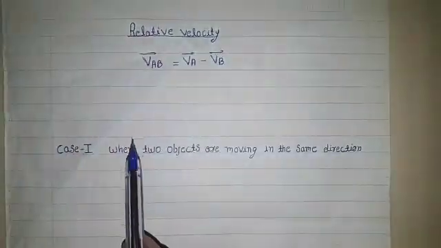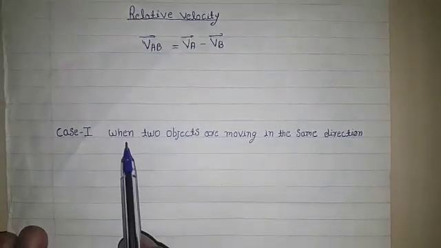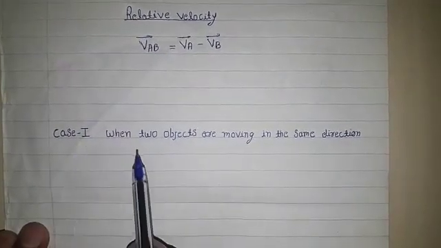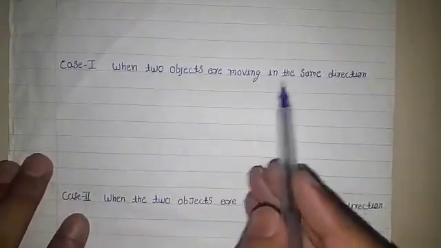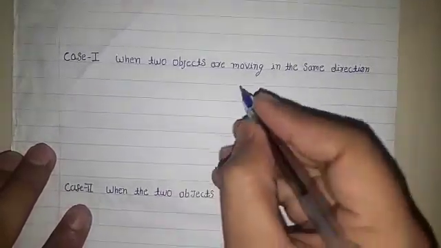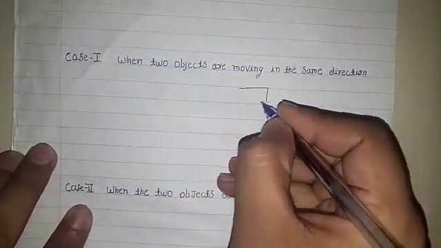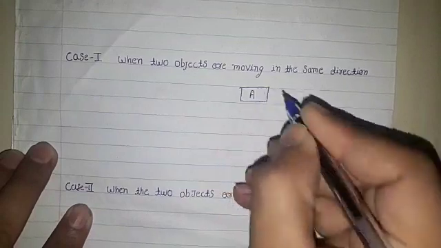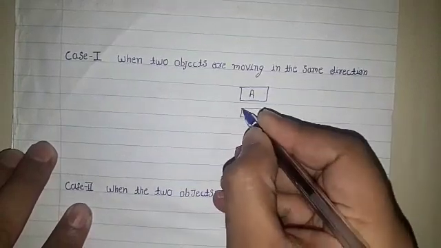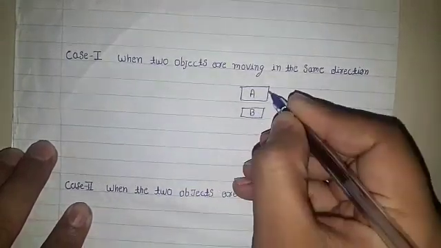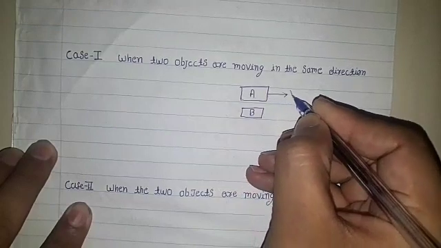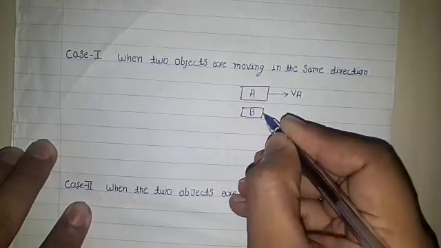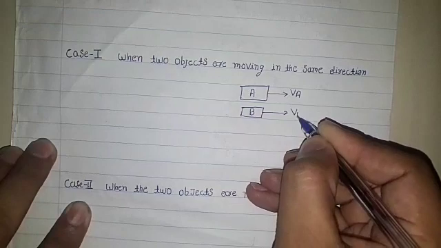Here we have two cases regarding relative velocity. Case 1: when two objects are moving in the same direction. Suppose two objects, object A and object B. Object A is moving with velocity VA and object B is moving with velocity VB.